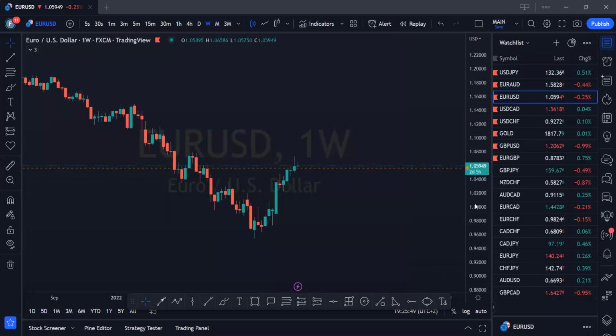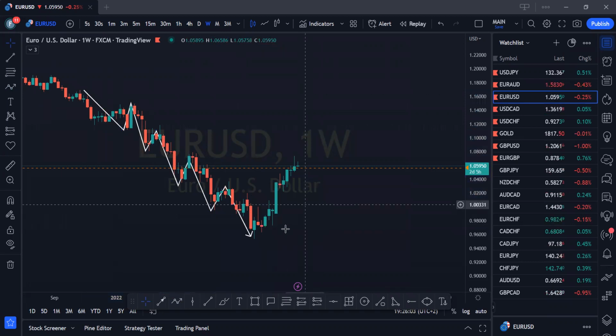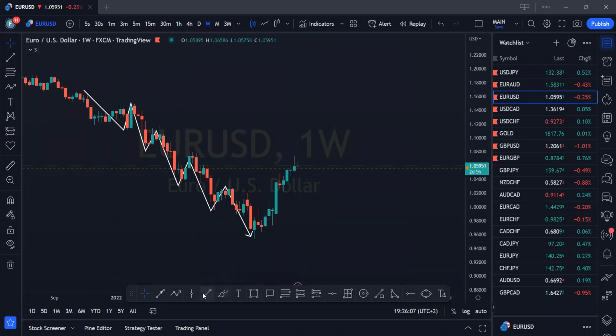And so let's do this. So price has been in a downtrend, like so. Okay. And then what is happening right now is that price is currently retracing here.